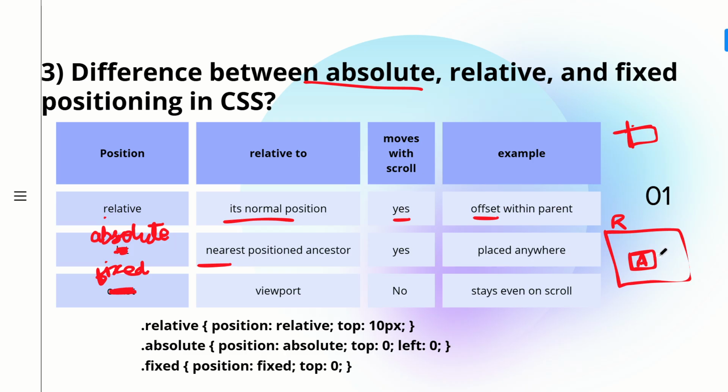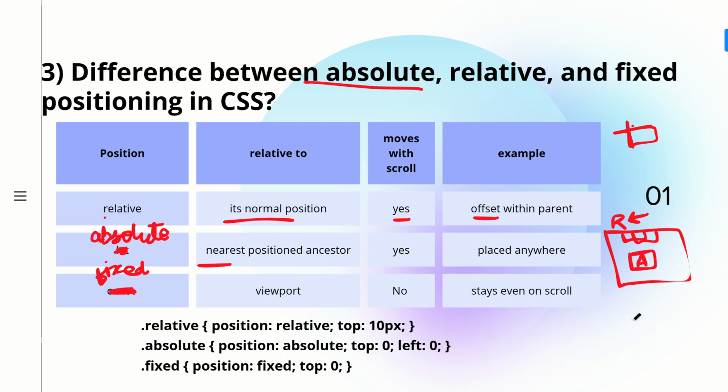If you give top 0 and left 0, then it is going to get positioned according to its nearest positioned ancestor. So if you give top 0, then it will stick to the top. If you give left maybe 50%, then it will come somewhere here in the middle. So it is going to position itself based upon the nearest positioned ancestor.